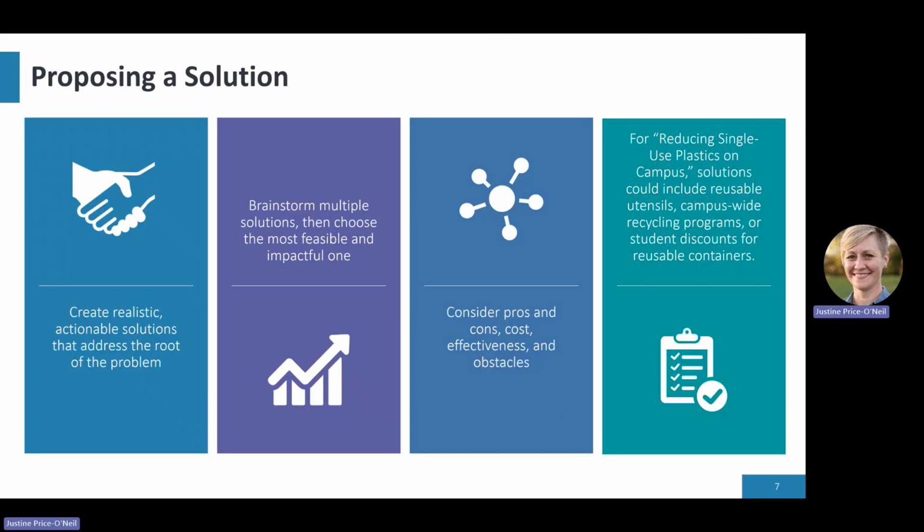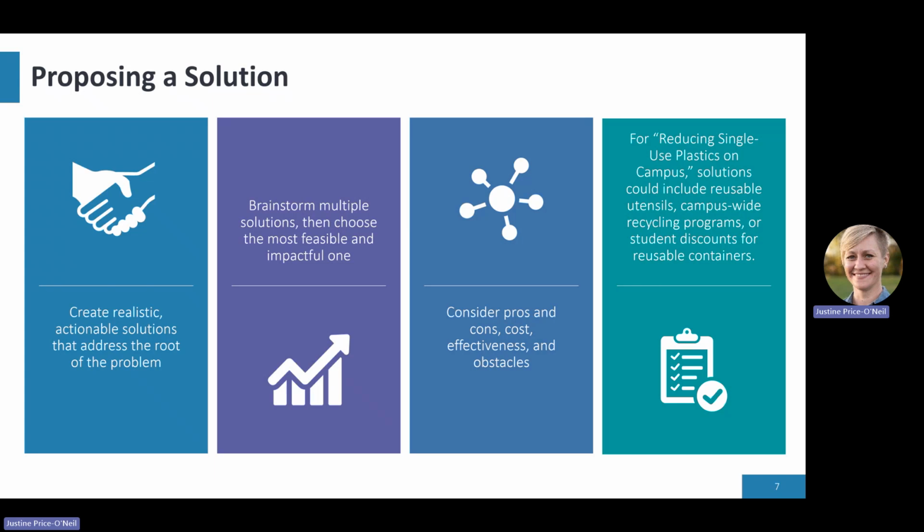Okay, after you have explored the problem through your research, you can start thinking about proposing a solution. So, to do that, you want to think about realistic solutions that are things that could realistically happen. And you want to make sure that they address the root cause of the problem.